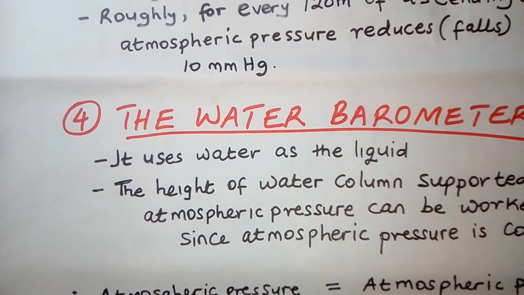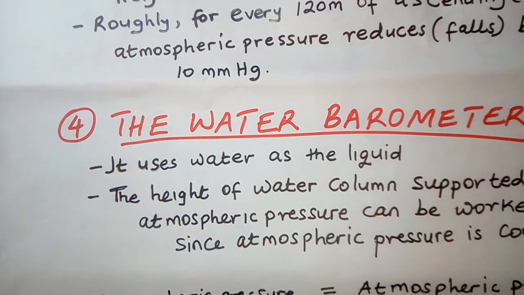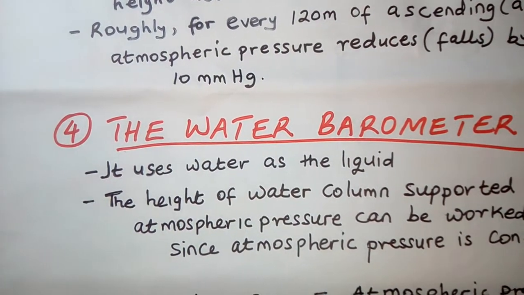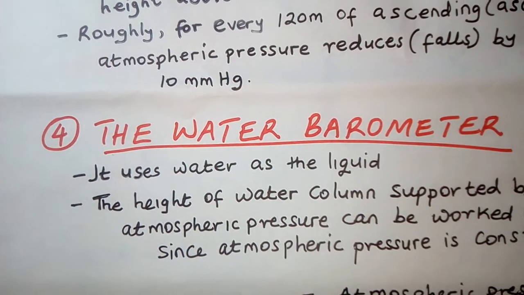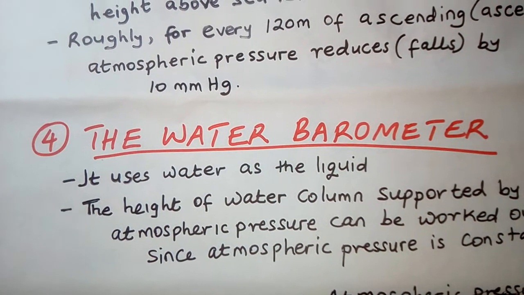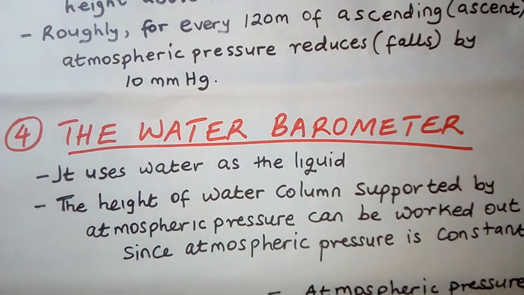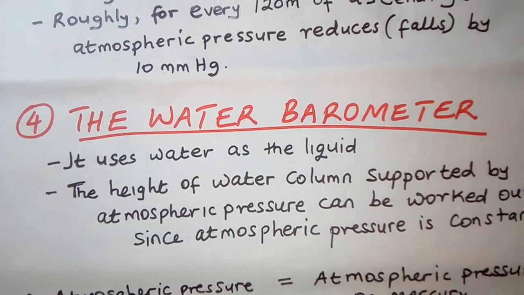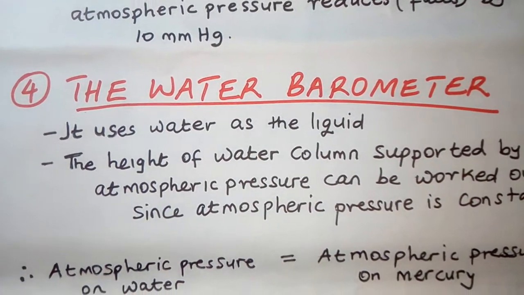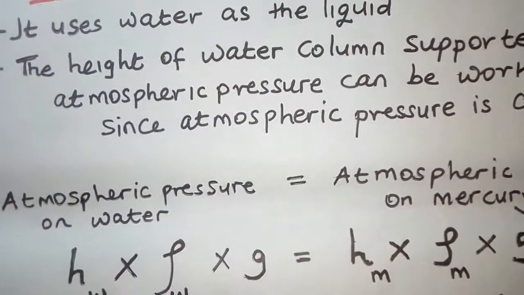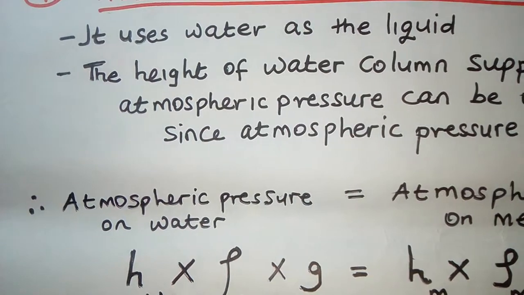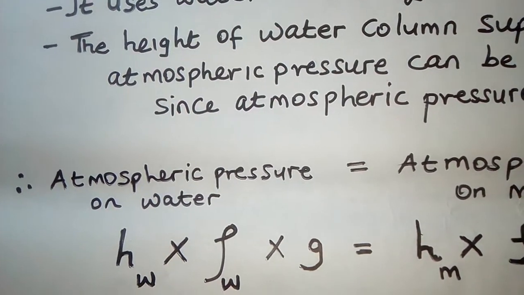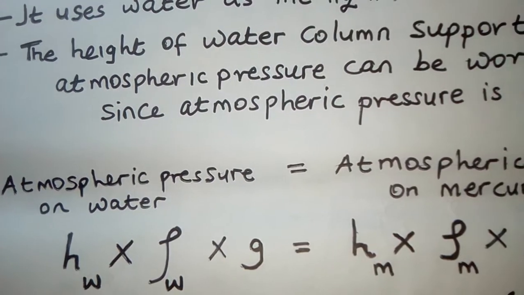So we want to compare. If we brought a water barometer, what would be the height of the water column, and if you brought a mercury barometer, what would it be? We are comparing the two. When we say atmospheric pressure remains constant, it means the atmospheric pressure on water is the same as on mercury.